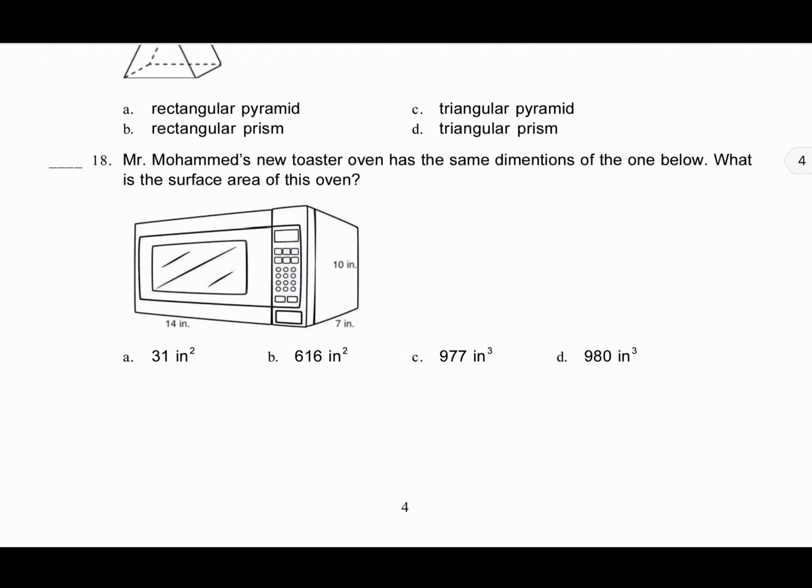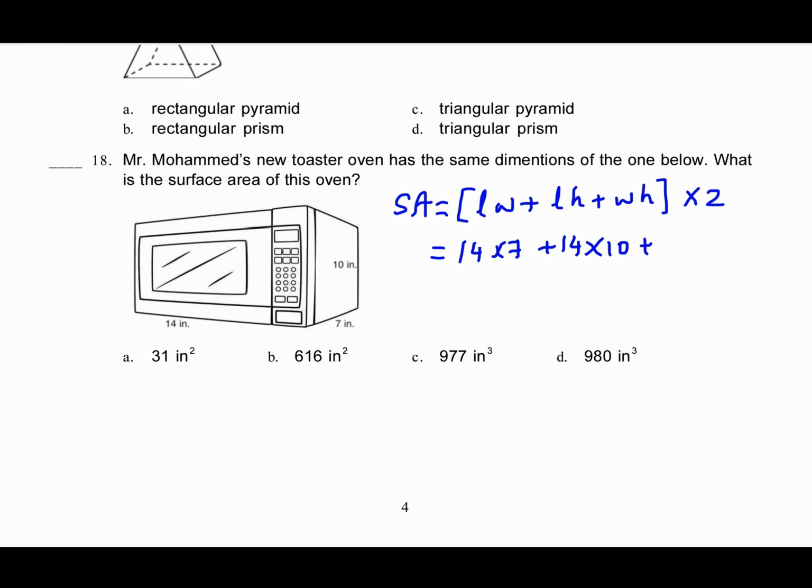Next question. Mr. Muhammad's new toaster oven has the same dimensions as the one below. What is the surface area of this oven? As we know, the surface area of a rectangular prism is length times width plus length times height plus width times height, all times 2. So we'd have 14 times 7 plus 14 times 10 plus 7 times 10, all times 2.